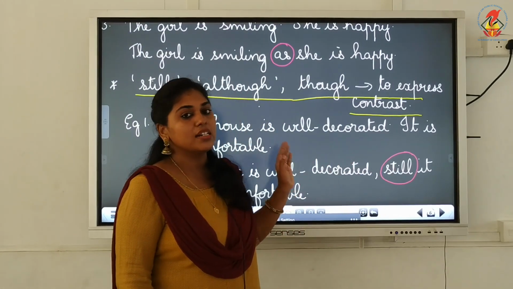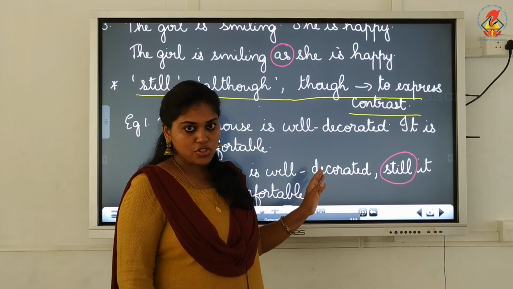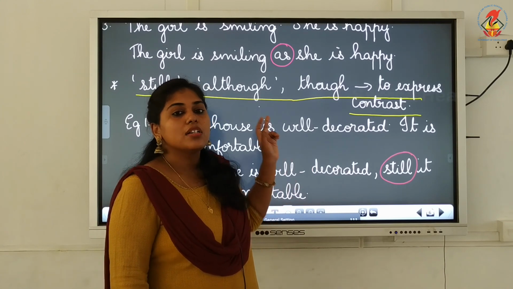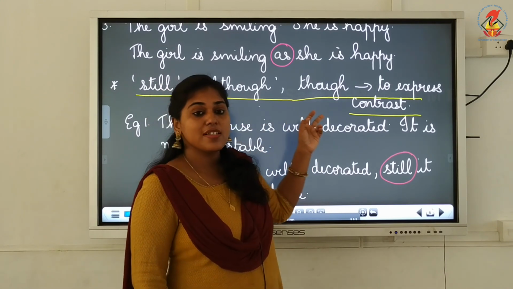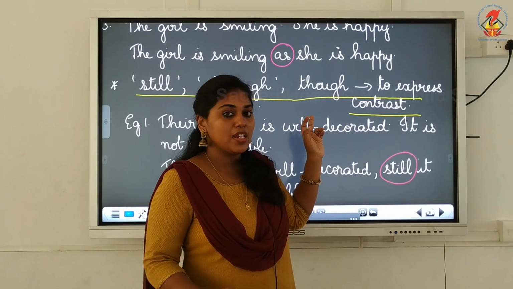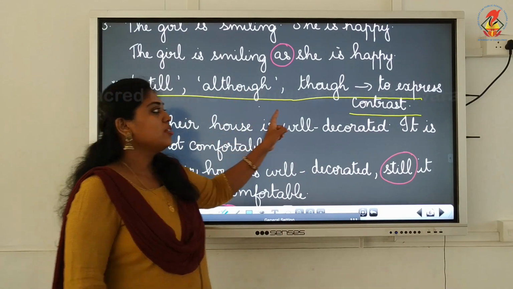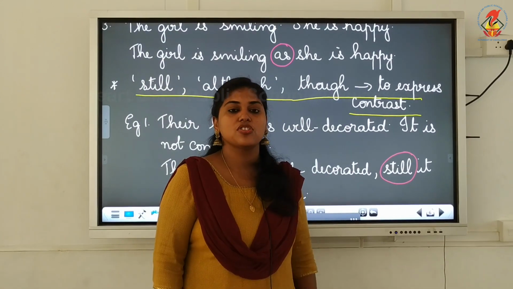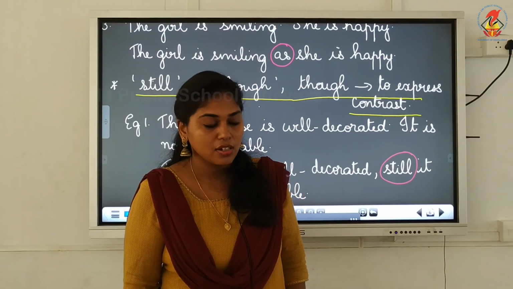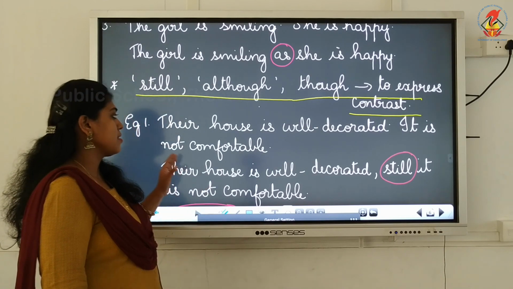Now here under subordinating conjunctions, we use these words. When these conjunctions come in a sentence, you have to identify them as subordinating conjunctions. Which all are there? Still, although, though. We use these conjunctions in order to express contrast in the sentences.